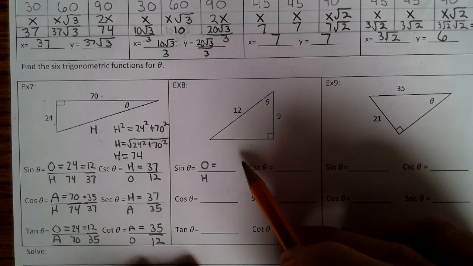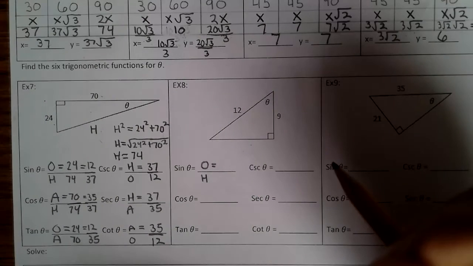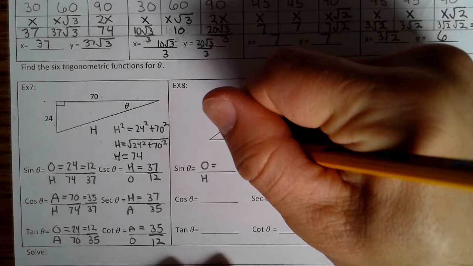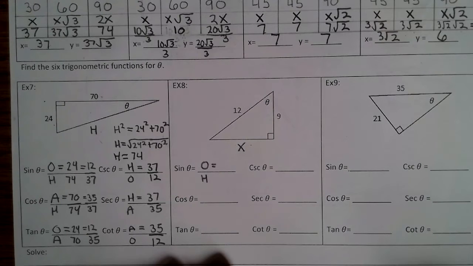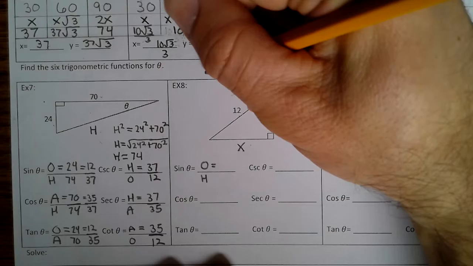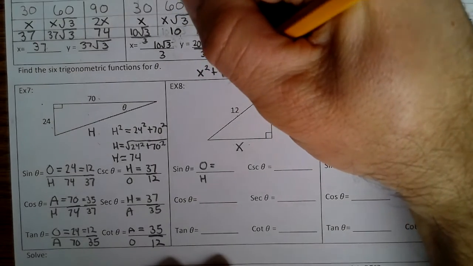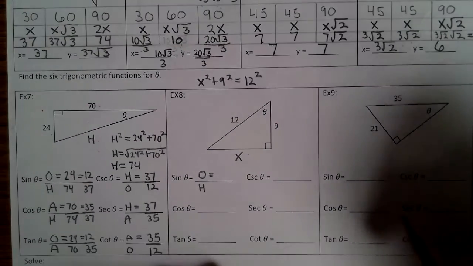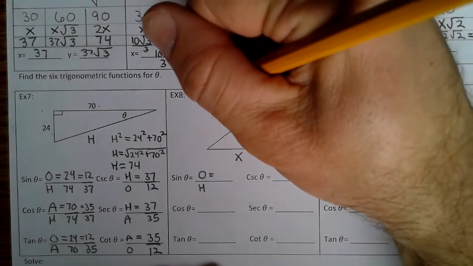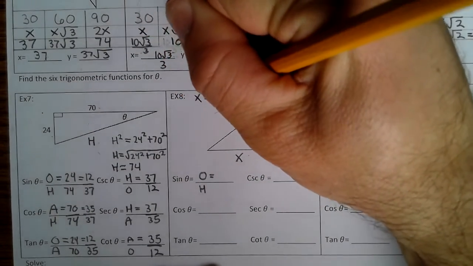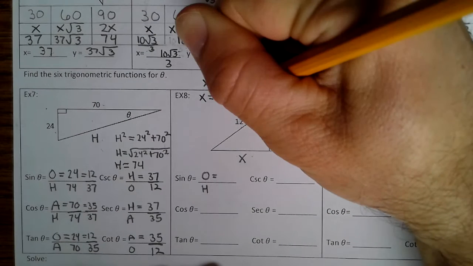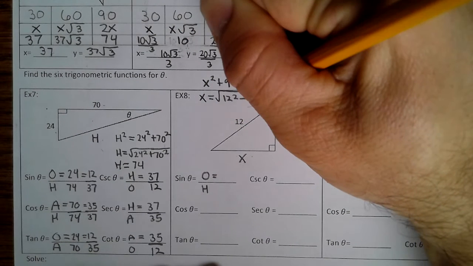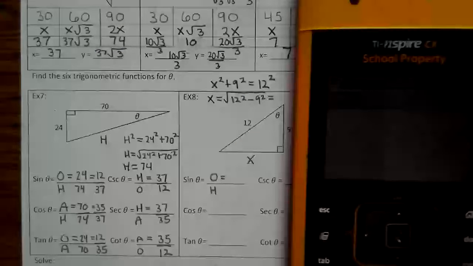So we know to find x, it's x squared plus 9 squared equals 12 squared. Well, for x, we subtract 9 squared and take the square root. So x equals the square root of 12 squared minus 9 squared, which, let's use our calculator. Control square root of 12 squared minus 9 squared is, now you get a decimal, we don't want a decimal, okay?